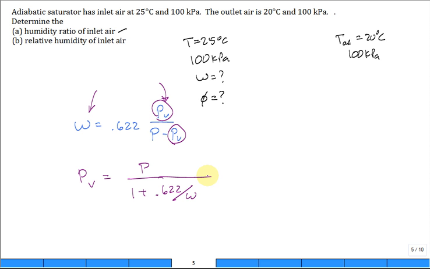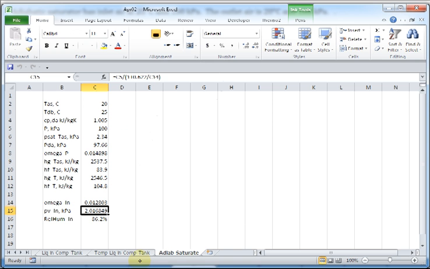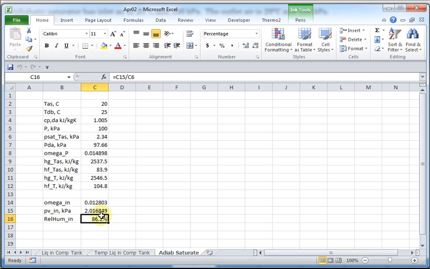And that's what I implemented to get the actual vapor pressure right here. So then I can calculate the relative humidity. So it's pretty interesting that two temperature measurements in the adiabatic saturator allows you to infer the inlet air's humidity, relative humidity, and humidity ratio, or calculate them.